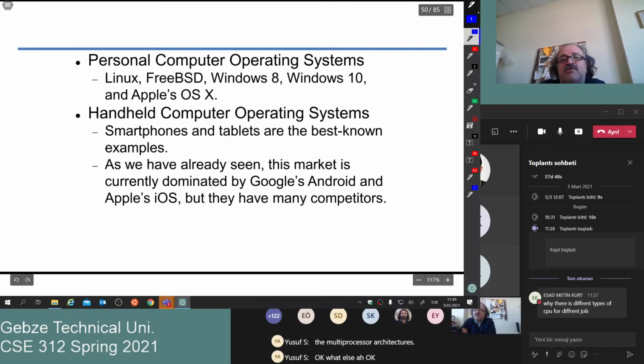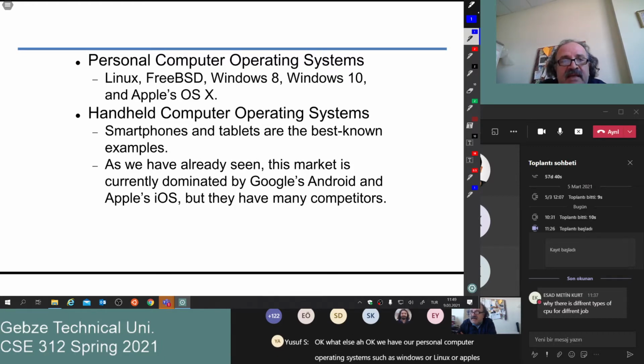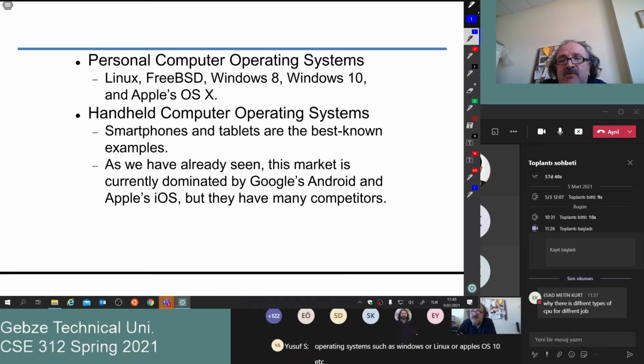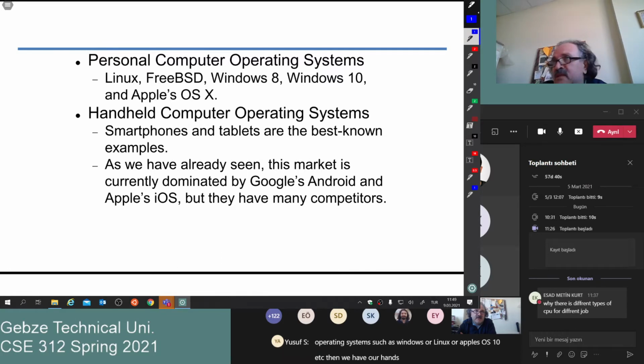What else? We have our personal computer operating systems such as Windows or Linux or Apple's OS X, etc. Then we have our handheld computer operating systems like Android or Apple's iOS, for smartphones and tablets.